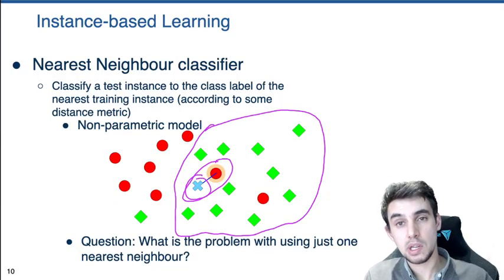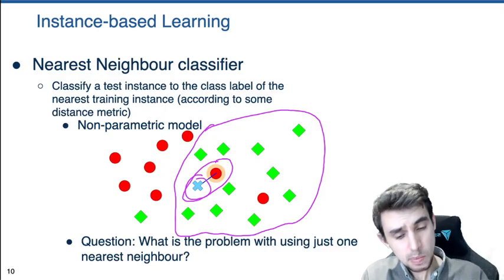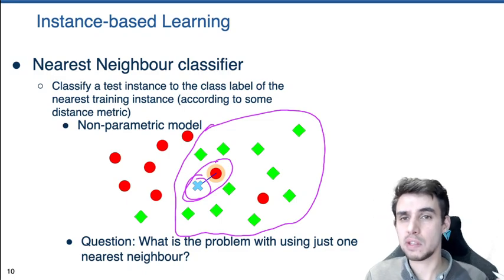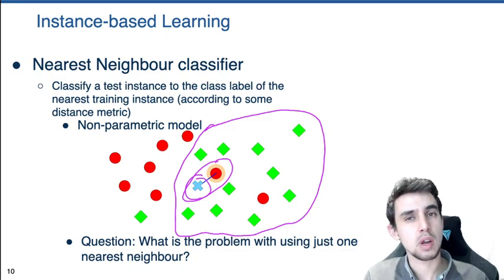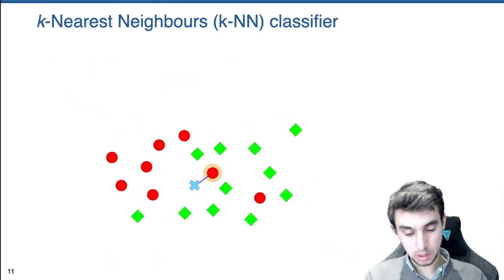It's very likely a noisy sample. So intuitively, if we had to make a decision, we would rather say that the blue cross is a green square and not a red one.